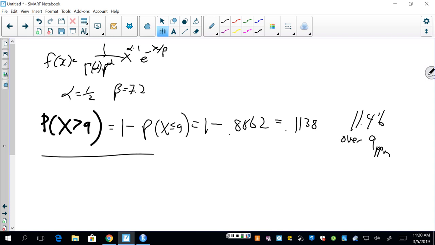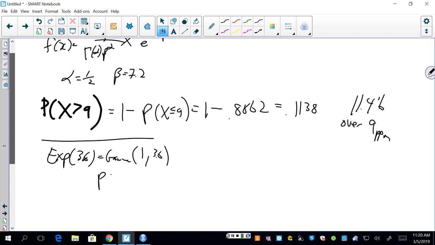In contrast, when we did the exponential 3.6, which is a gamma with 1 and 3.6, that particular one, then the probability that x was greater than 9 was less. What was that in the example? It wasn't as likely for one number.